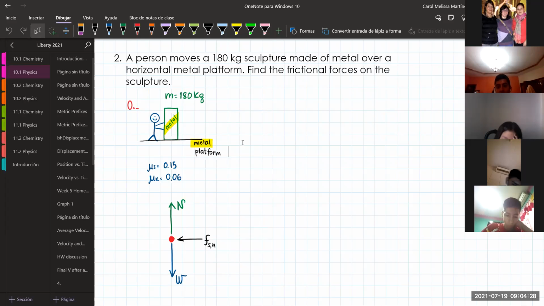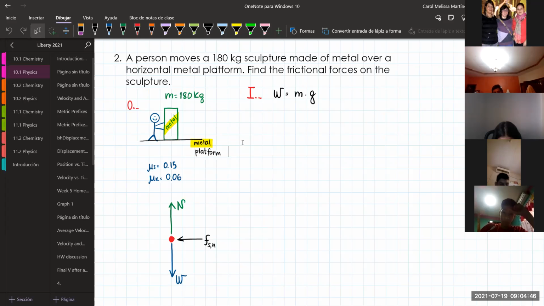okay? And with this, now I'm going to be able to calculate the weight, the normal, and therefore the friction. So in the first step, I calculate the weight as mass times gravity.